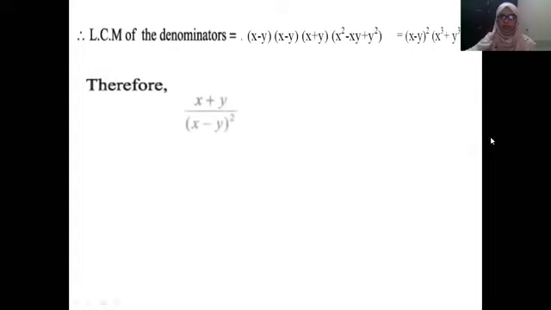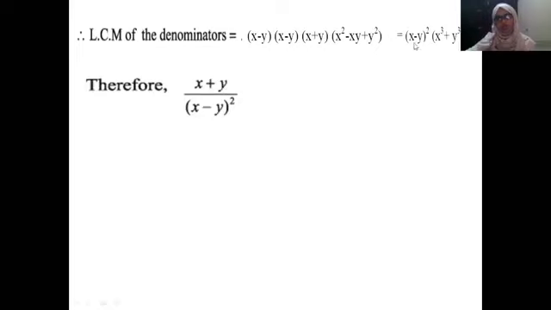So the LCM of the denominators is equal to x minus y into x minus y, x plus y into x square minus xy plus y square, which is x minus y whole square into x cube plus y cube. This is the formula of x minus y whole square, and this is the formula of x cube plus y cube. Therefore, our first fraction is x plus y by x minus y whole square.